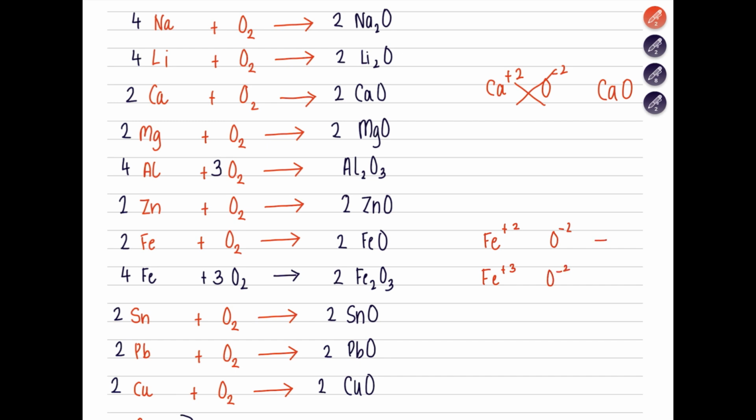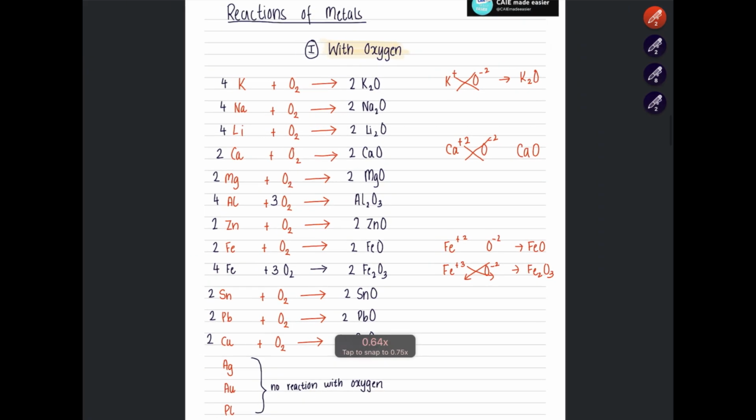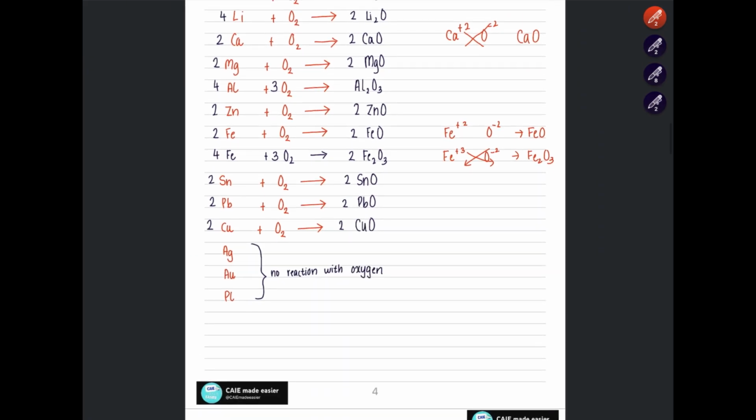So this forms FeO, and this is Fe2O3, and so on. The last three do not react. So we can summarize that metal plus oxygen gives us a metal oxide.